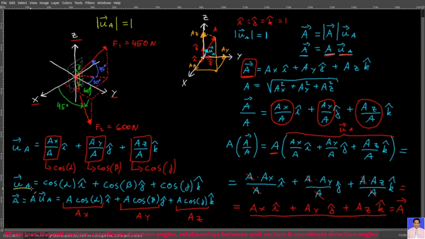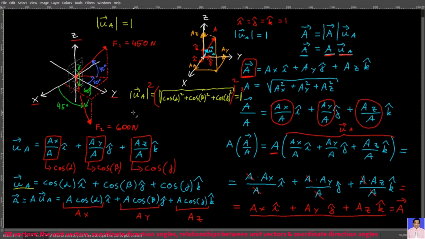And finally, we saw that the magnitude of this general unit vector equals 1. So if you take this form and calculate its magnitude, essentially you will have this relationship here. You take the square root, and you square these three components inside your square root, and that has to equal 1. And if I square the magnitude, then I will put 2 here as well, and also 1 to the power of 2.